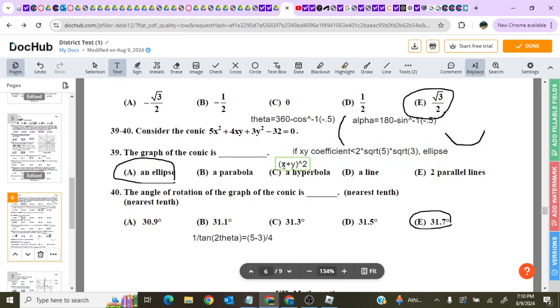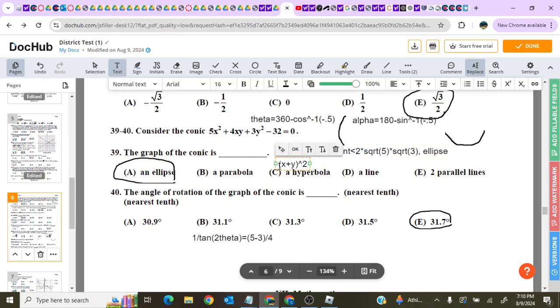So what we need to do is, if we had 5x squared, for example, to make it back into this, we would do square root of 5. And then the similar thing would be done for y. So this will get you the 5x squared plus 3y squared that we need here. So what we need to figure out is whether the xy that's going to be formed from this is less than the xy that's given.